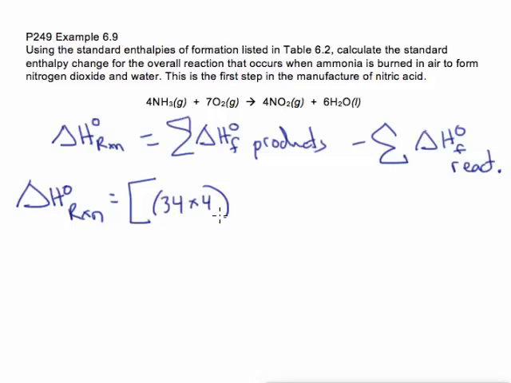And it was positive in our book, positive 34. And water, we're summing, has a standard enthalpy change of negative 286. And we have 6 water molecules, so we multiply by 6, minus the sum of the reactants.